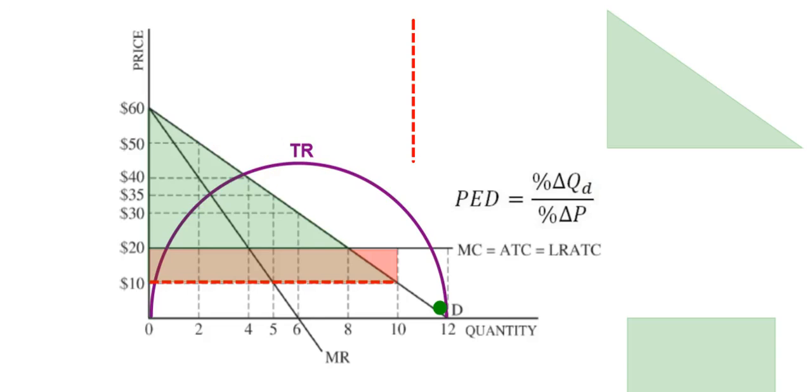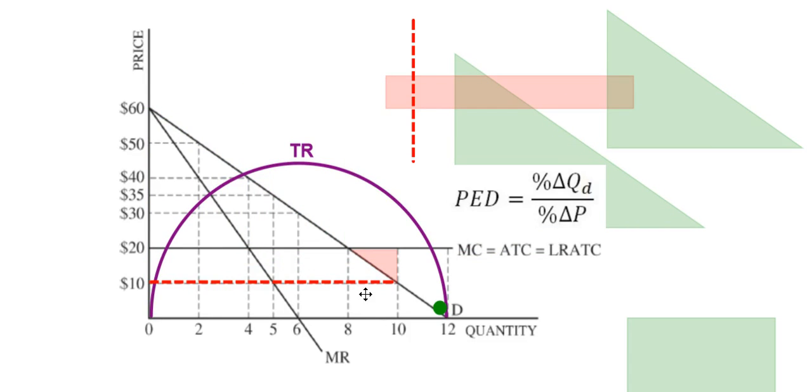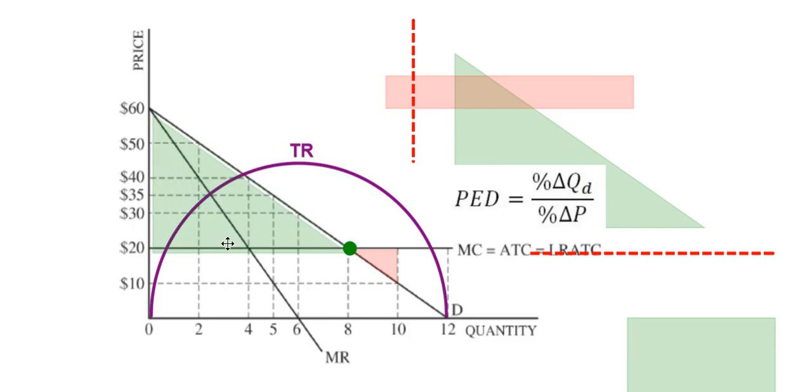Okay, let's jump back over here and move all this out of the way. Where they would produce would be right here. They're going to produce where price equals marginal cost, because when you perfectly price discriminate, you're able to charge everyone exactly what they would pay.